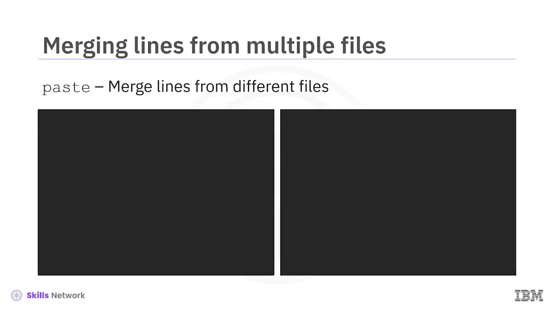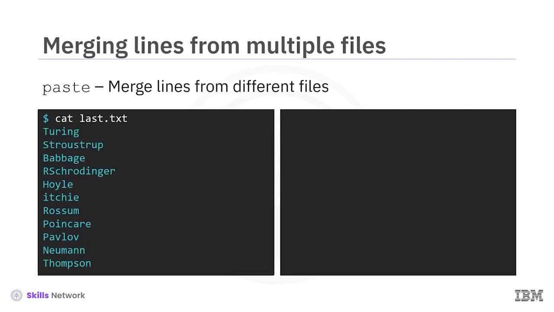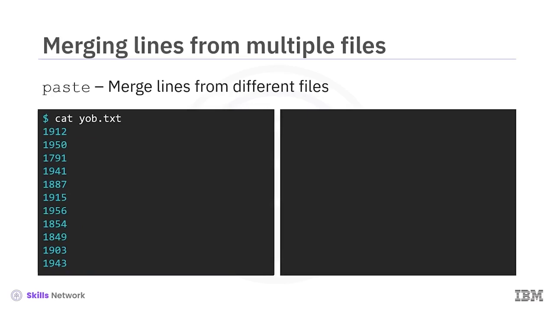Additionally, you can use the paste command to merge lines from multiple files. Imagine you're given the following 3 text files, all with the same number of lines. A text file called first.txt, containing a list of people's first names. A complementary text file called last.txt, which contains the last names of the same people, and a third text file called yob.txt, which lists each person's year of birth.